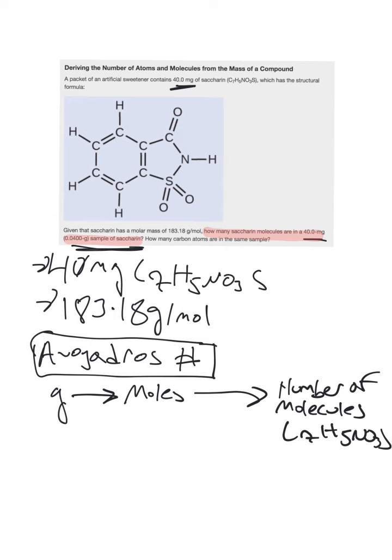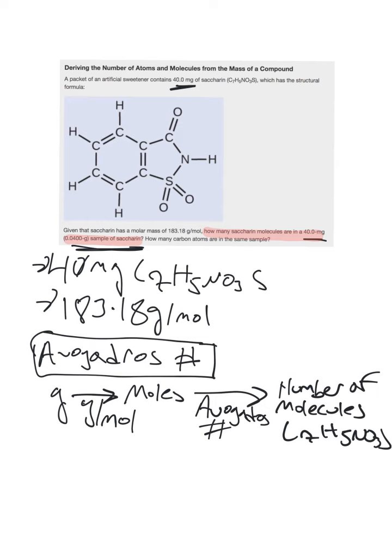Now this is a pretty typical conversion. Every time it asks you for the number or how many molecules or atoms of something and you're given grams, you're going to have to go through moles because of the pathway. So whenever you're going from grams to moles, we're going to divide by the molar mass, which is in grams per mole. And whenever you're going from moles to atoms or moles to molecules, you have to use Avogadro's number.